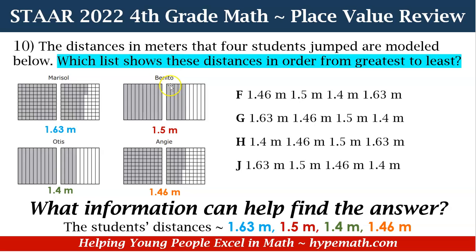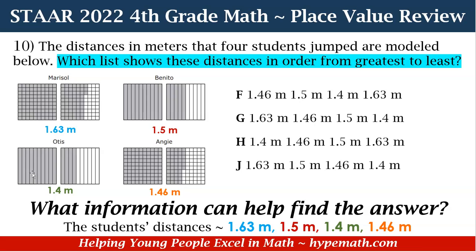We have 1, 2, 3, 4, 5. Since there are 5 columns in the tens block that are shaded, Benito's distance is 1.5 meters, or 1 and 5/10 meters.